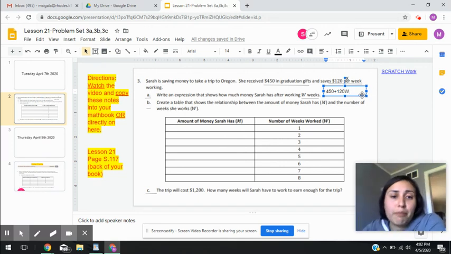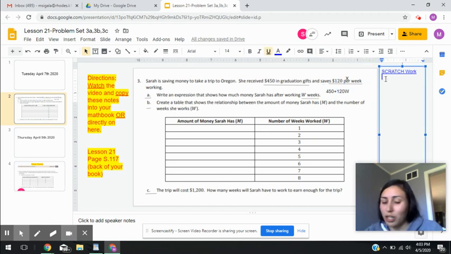Okay, 3B. Create a table that shows the relationship between the amount of money Sarah has, M, and the number of weeks, W. So we have to fill out this table. Easy peasy, because now we have this awesome expression, which I'm going to copy and paste over here in my scratch space. And all we have to do is substitute or replace W with the number they want us to replace it with.